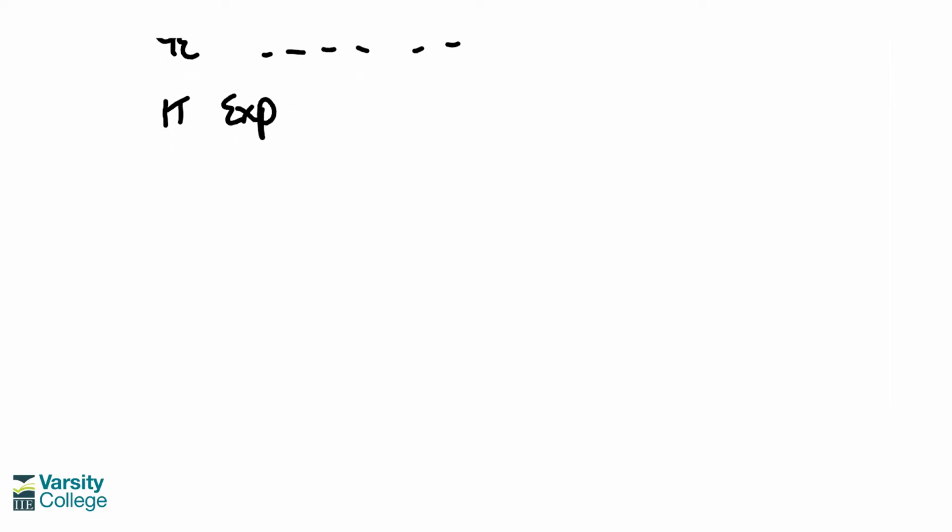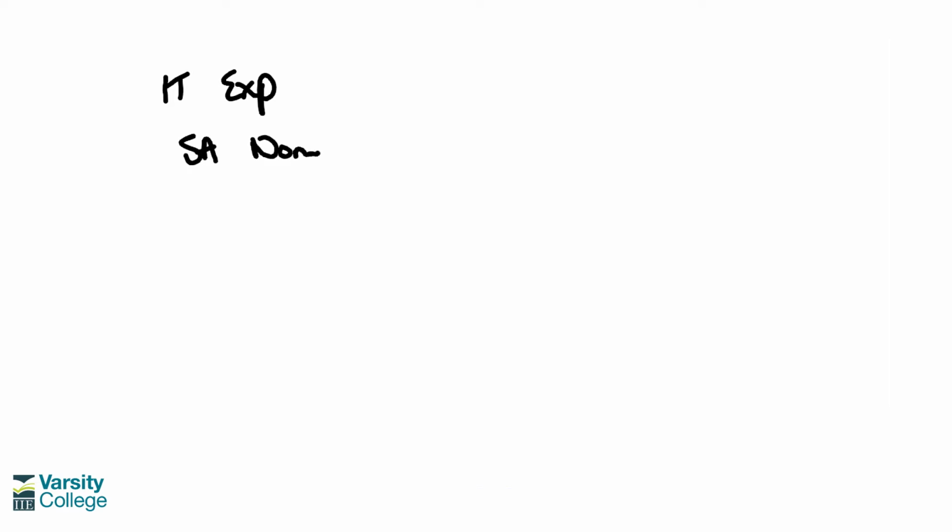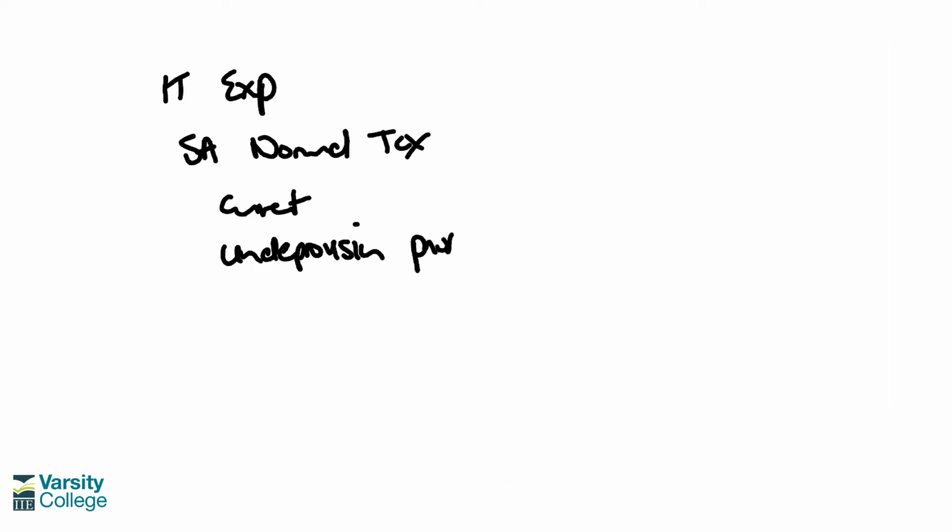What is so important is your format. My suggestion is write down your basic format straight away, and then you can just throw the numbers in. So it's always SA, normal tax, current, and in this instance we have an under provision for previous year, and then deferred tax.